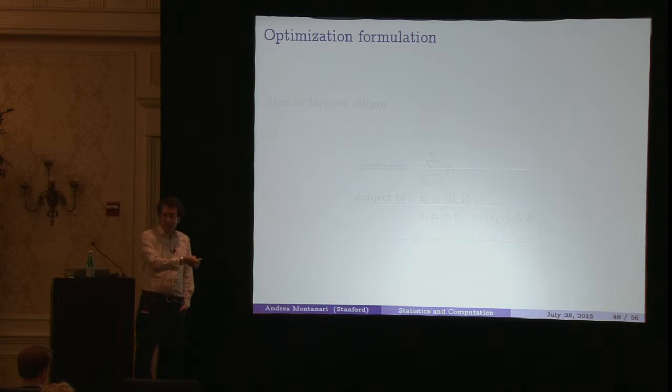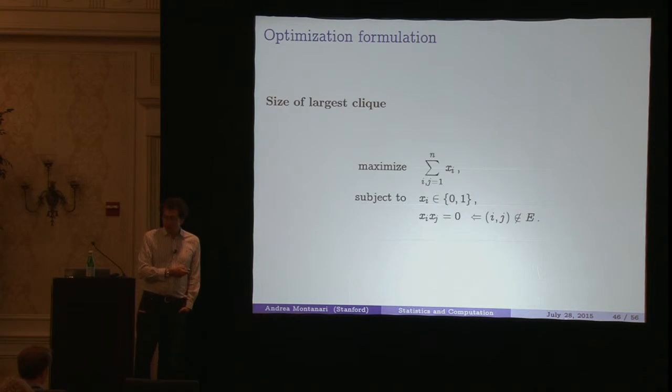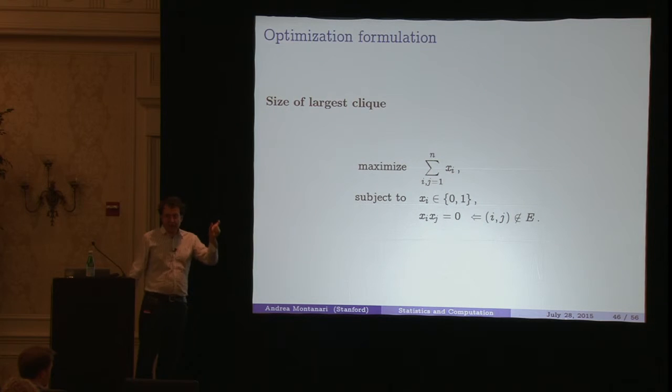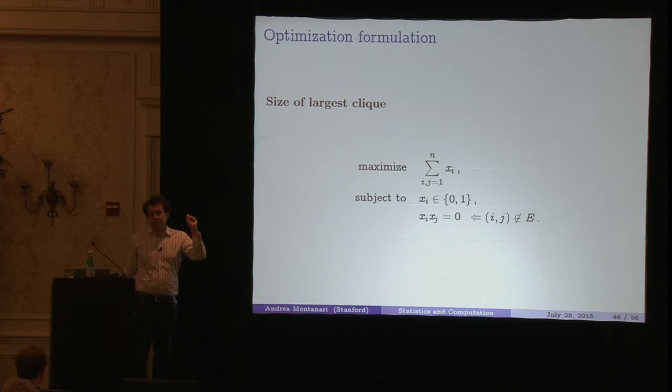Okay, so how do you formulate it? We want to formulate it as an optimization problem, as we did before. This is one way to formulate it as a 0-1 integer program. A vector x in {0,1}^n; I maximize the sum over i of x_i, the number of ones, subject to: every time {i,j} is not an edge, x_i times x_j must be 0.